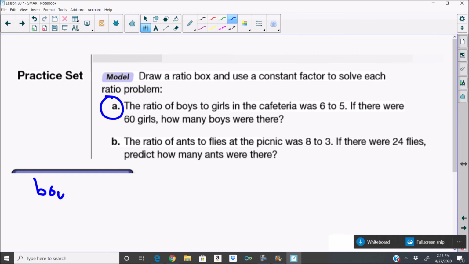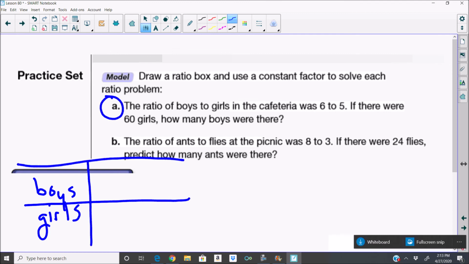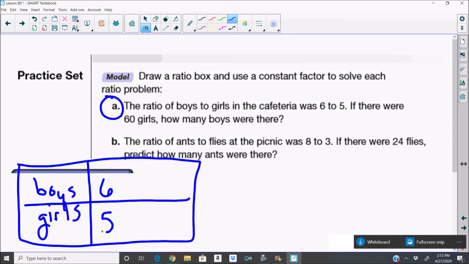So I have boys to girls. Okay, make this into a box here, following directions. Boys to girls was 6 to 5. This is the ratio.